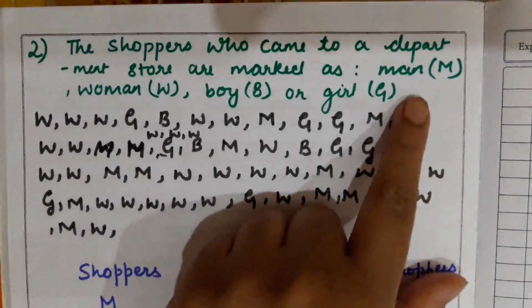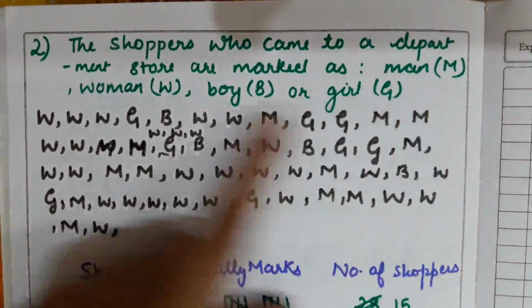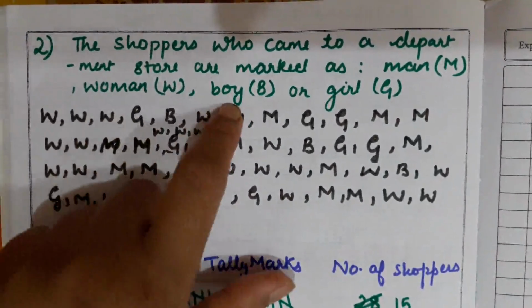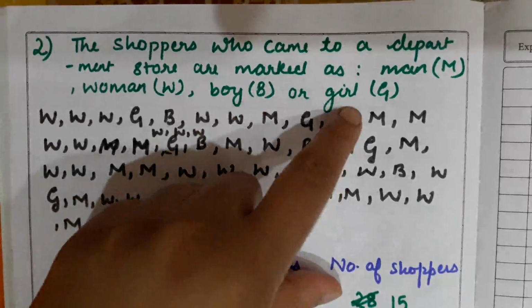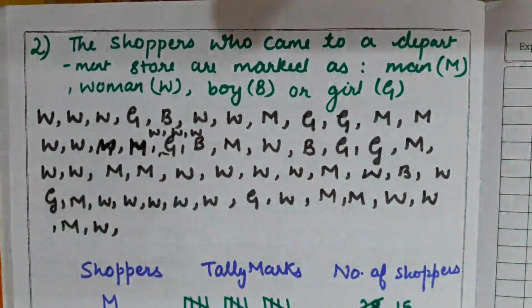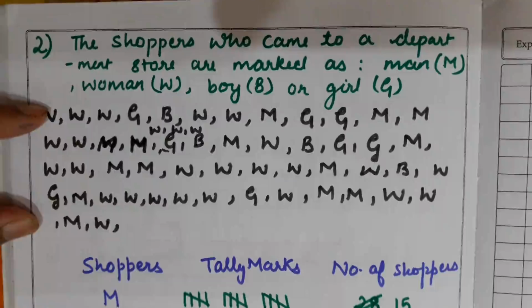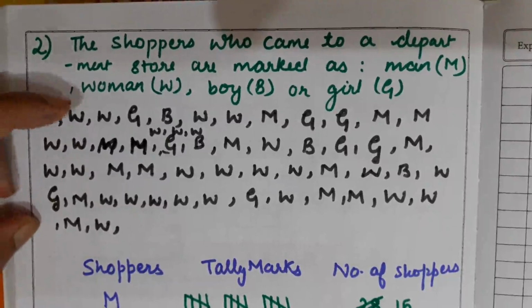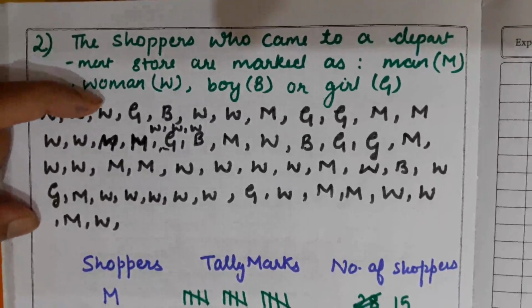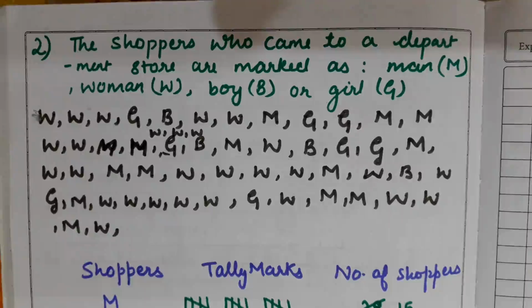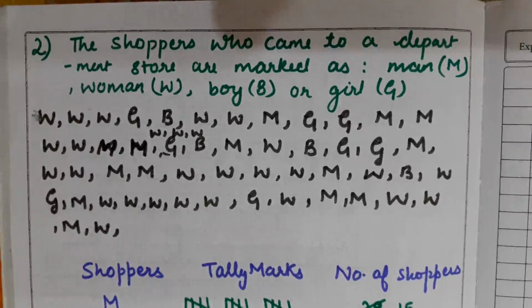Men are coming, we represent man as M, women as W, boys as B, and girls as G. Within 1 hour these many persons are coming. Women are coming, again women, again a woman, again a girl, then a boy, in this way. So scattered data is there, and we have to represent it as tally marks by making a frequency table. So how can we make tally marks?